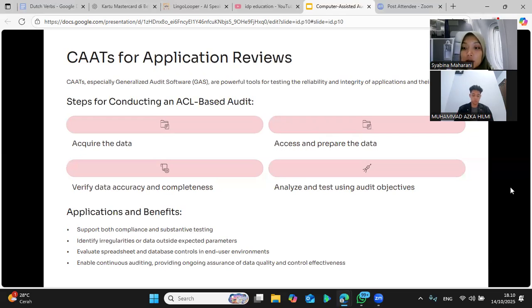Some benefits include supporting both compliance and substantive testing, identifying irregularities, evaluating spreadsheet or database controls, and enabling continuous auditing, meaning auditors can monitor systems in real time to ensure data quality and control effectiveness.